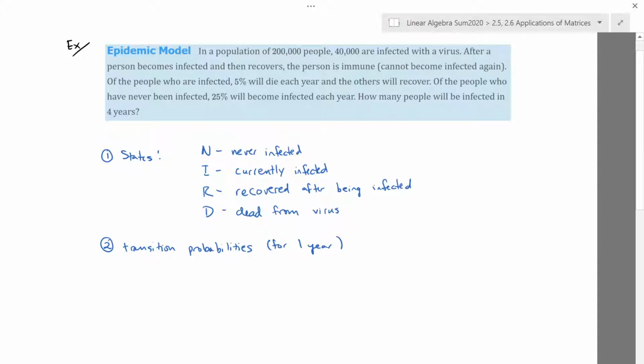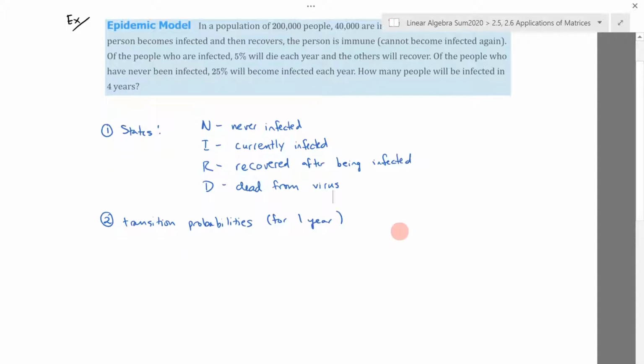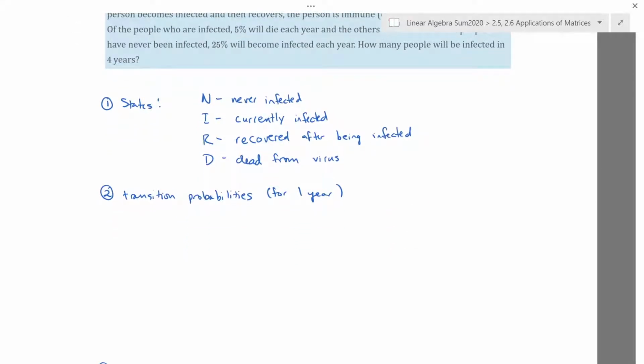And finally, here the setup is from year to year, so the time period for one transition will be 1 year.